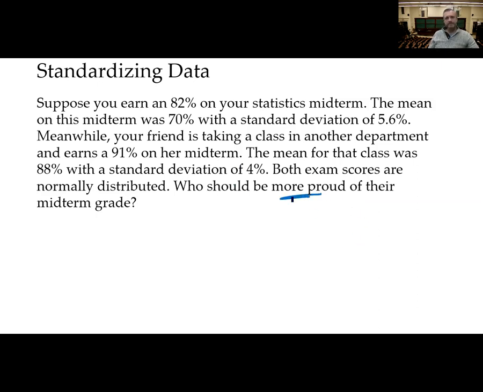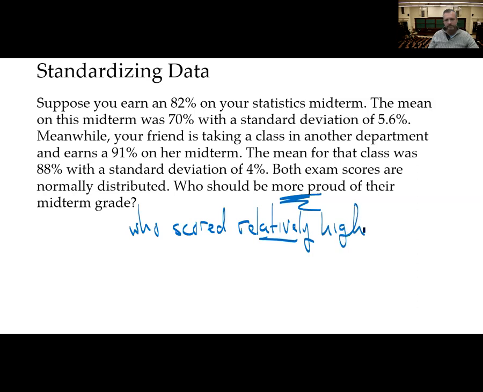Now, what do I mean by more proud? I'm essentially saying who scored relatively higher. I mean, you got an 82%. That is just absolutely true that it's less than 91%.